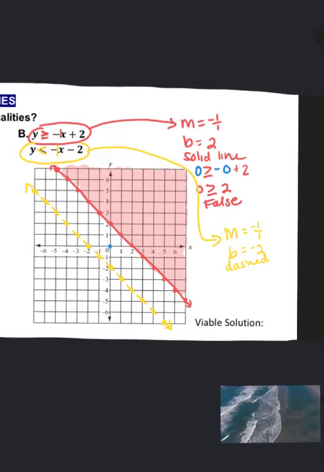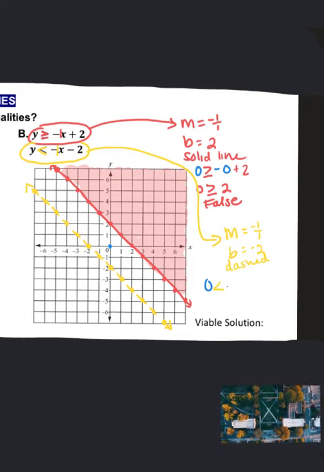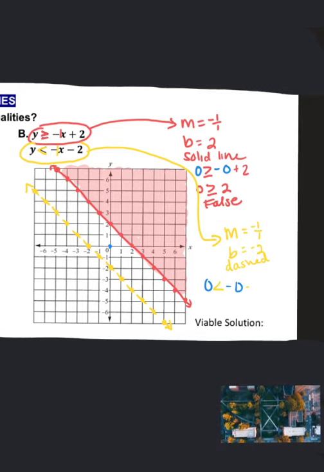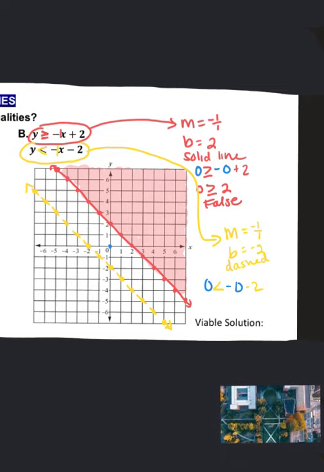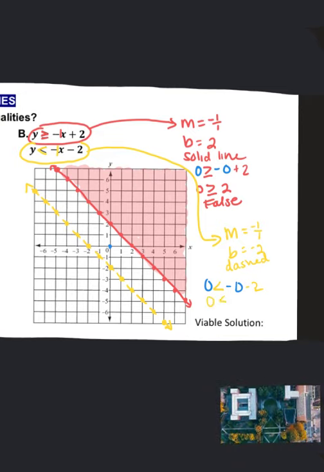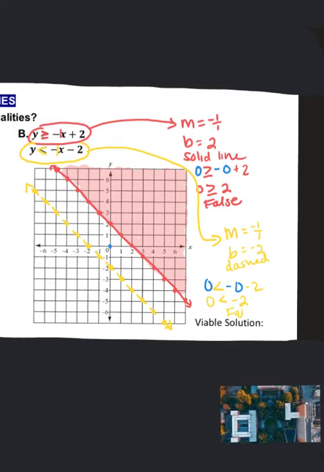Let's use the same test point 0, 0. So 0 is less than -0 minus 2. And let's see, I get 0 is less than -2. And that is not true, that is false.